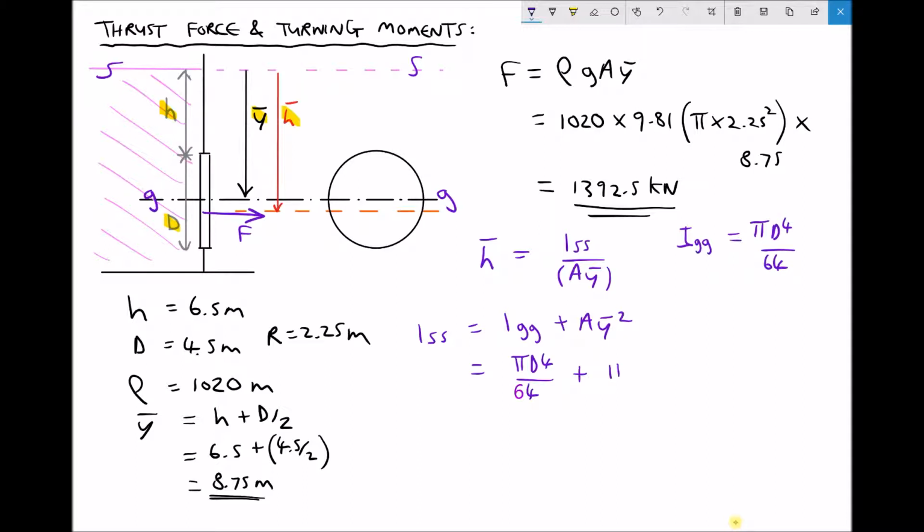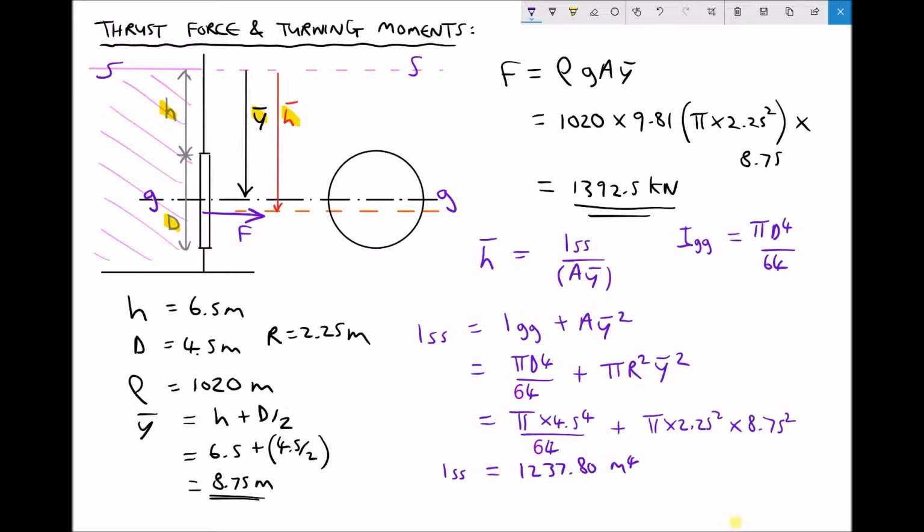The area of the circle is pi r squared, and we have our value of y bar of 8.75. If we input some values, we have pi times 4.5 to the fourth over 64 plus pi times 2.25 squared times 8.75 squared, giving us an ISS value equal to 1237.80, and the units there are metres to the fourth.